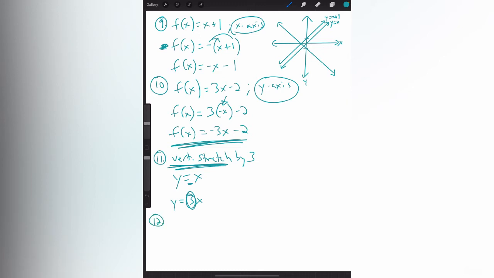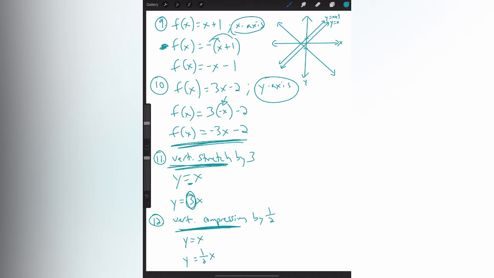Okay, then it says a vertical compression by a factor of 1/2. So the same thing, I would take my parent function, which is still y equals x, and just put the 1/2 out in front. And that's how I would compress: y equals 1/2 x.